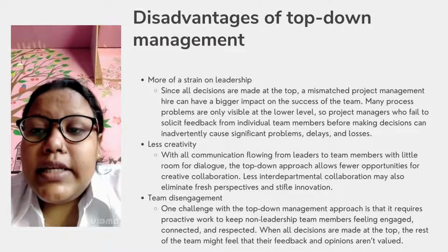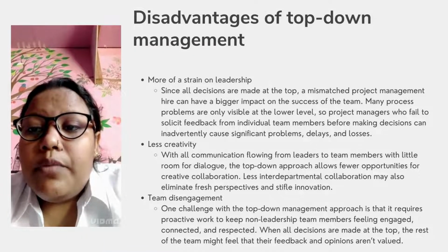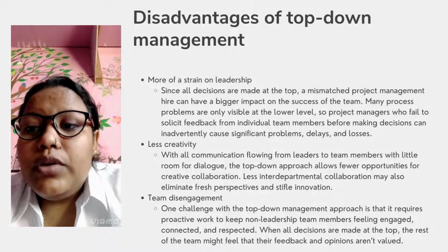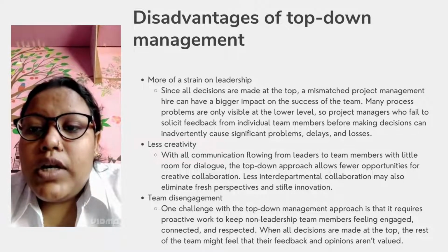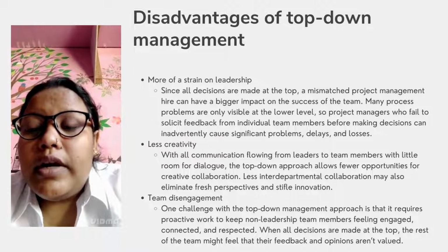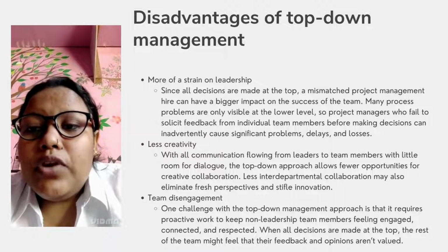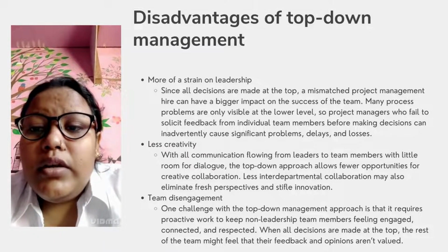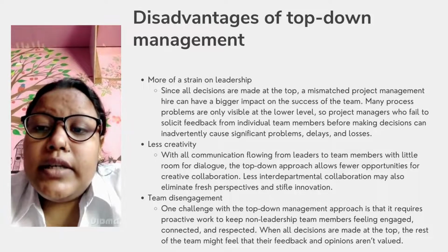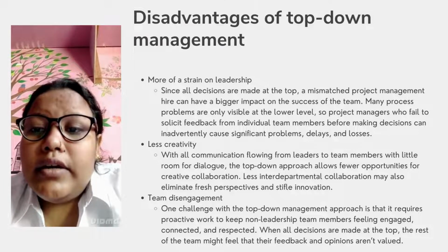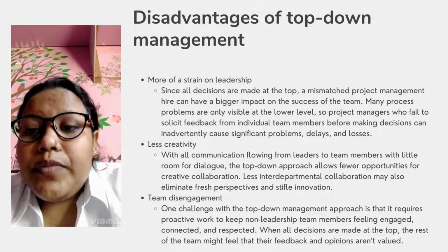Next is less creativity. With the communication flowing from leader to team members with little room for dialogue, the top down approach allows fewer opportunities for creative collaboration. Next is team disengagement.